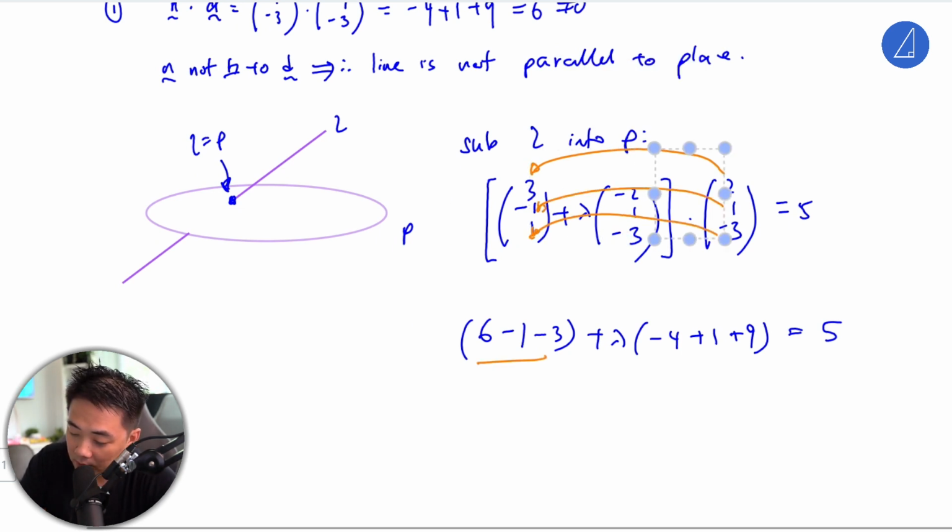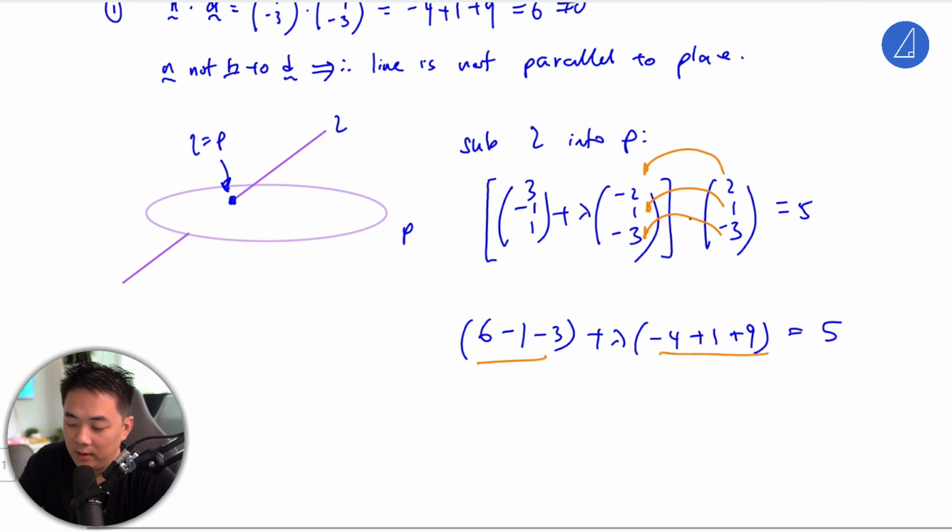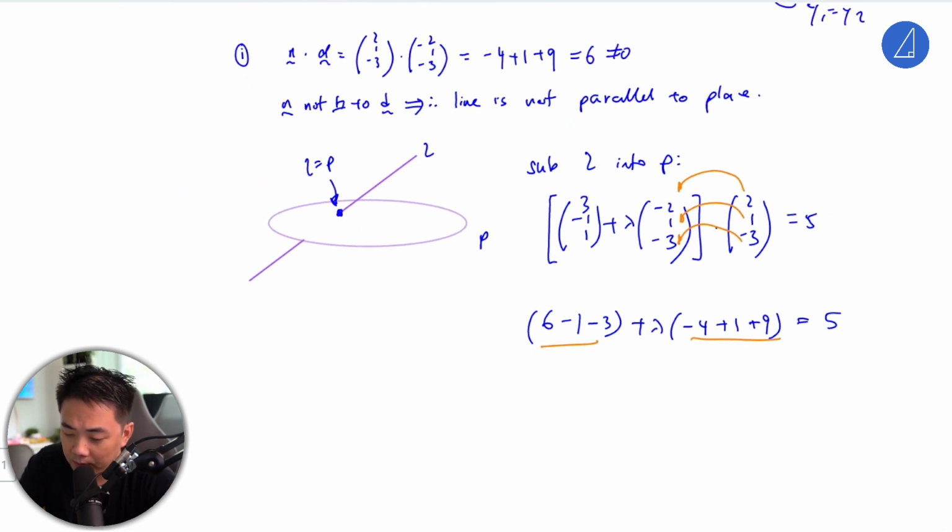Then I'll dot the rest the same way, which gives me this. Once done, key into the calculator, it gives me 3 plus 6 lambda, so lambda is equal to half.